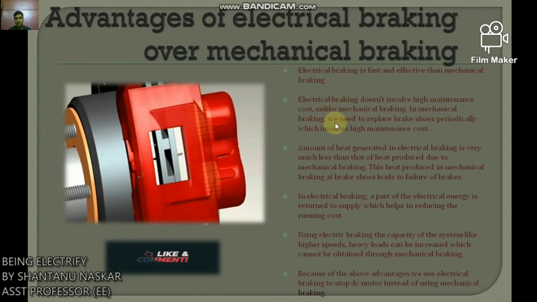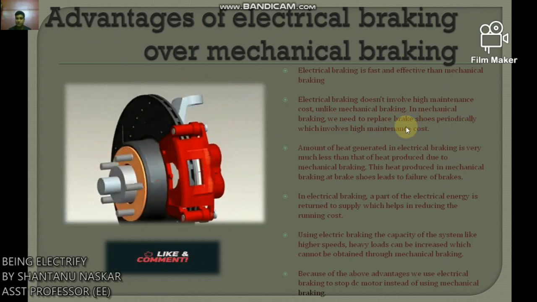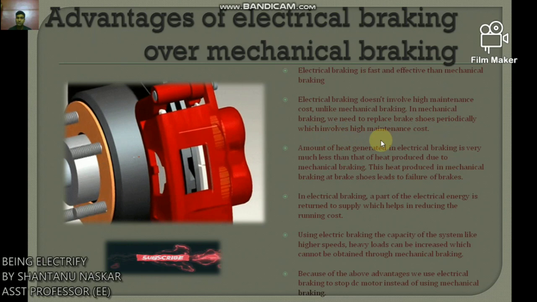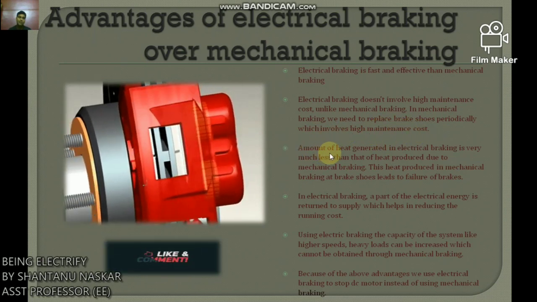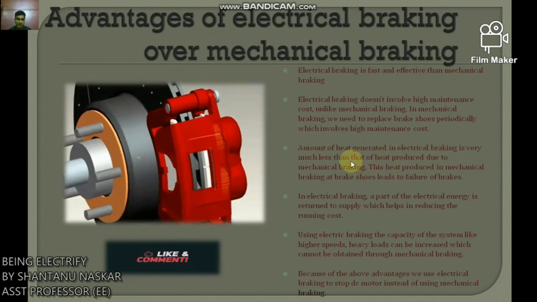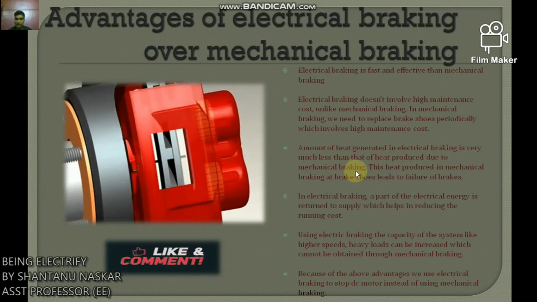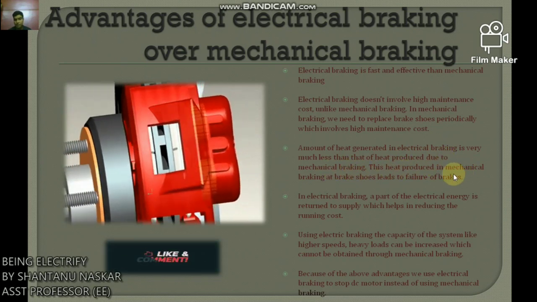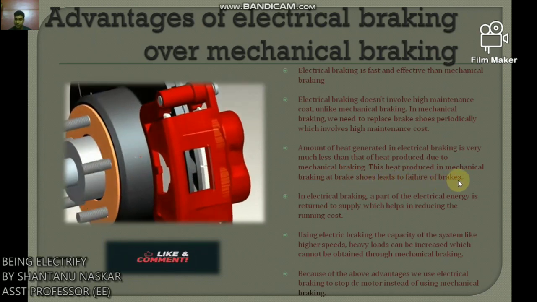In mechanical braking, we need to replace brake shoes periodically, which involves high maintenance cost. Number three, the amount of heat generated in electrical braking is very much less than that produced in mechanical braking. This heat produced at brake shoes in mechanical braking leads to failure of brakes.